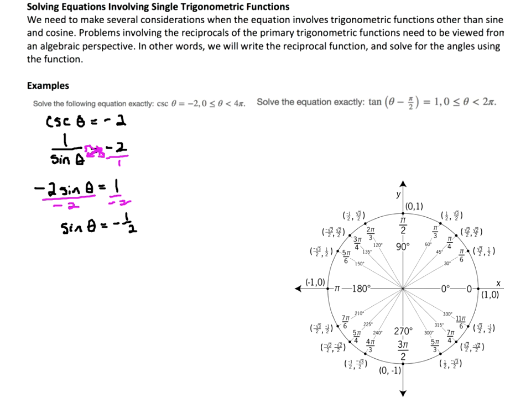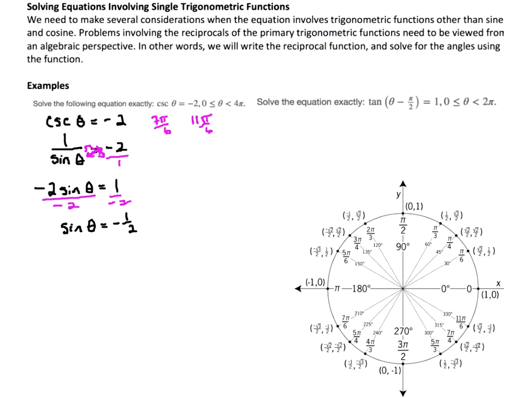Okay, so let's go to our circle and identify where the y value is -1/2. And we have that occurring at 7 pi over 6. So I'll just jot down up here. We have 7 pi over 6 is one possibility. And we have 11 pi over 6.